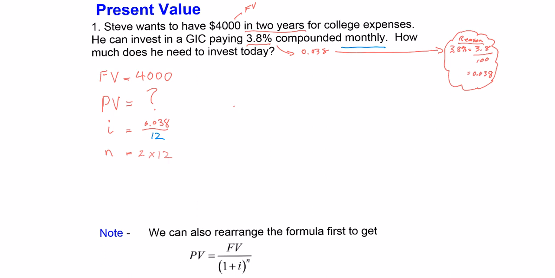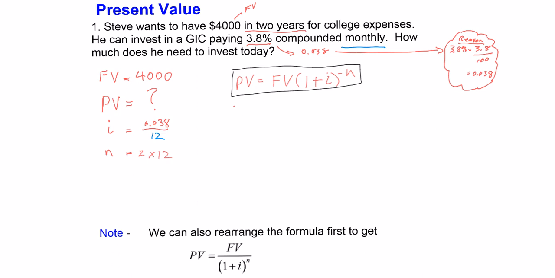Now, our present value is very similar to our future value problem from before. The only difference is a negative n in the exponent portion of the problem. So we'll just write PV is equal to FV times 1 plus I to the negative n. That is the basic equation that we'll be using for this course.